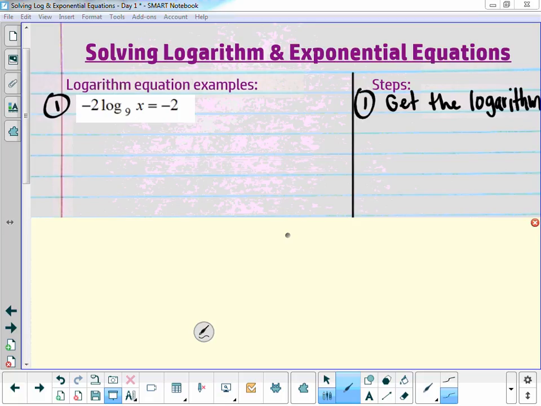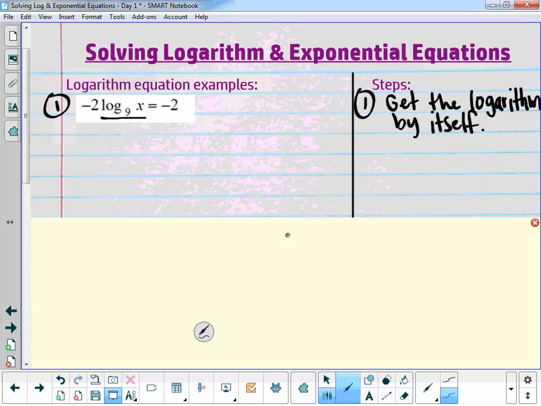So the first thing that you want to do is get the logarithm by itself. In this example of -2 times log base 9 of x, what can we do to get the logarithm by itself? How do we get rid of that -2 in front of the logarithm?